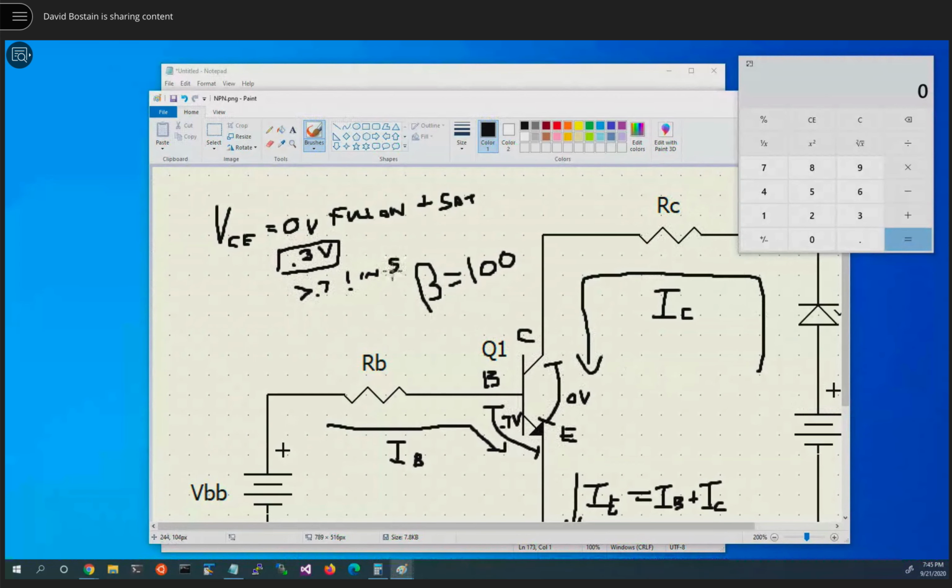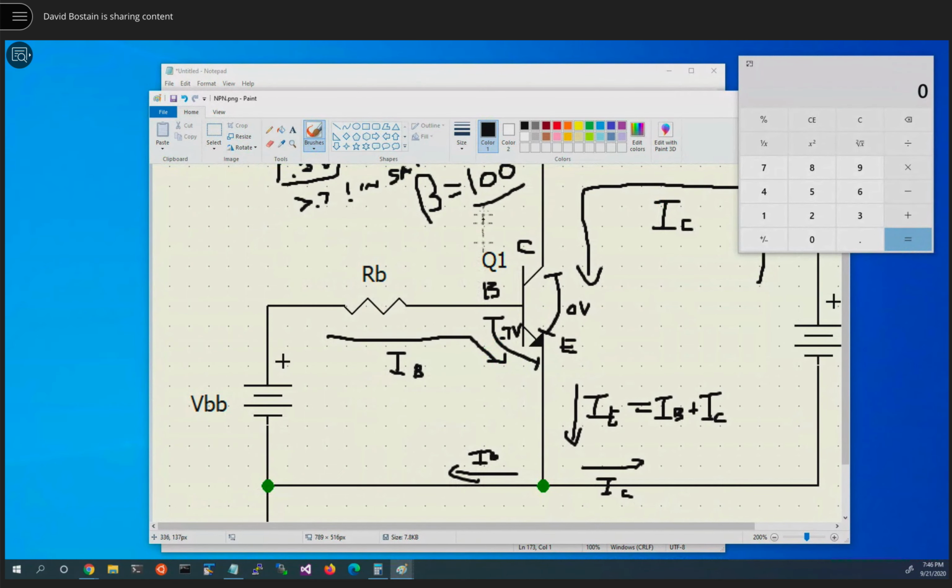You're working like an amplifier. And because you're an amplifier, you could figure out what beta was, which you can't figure out if you're in saturation because we've saturated the thing beyond that number. We know beta is much bigger than the value we used, so we can't tell you what it is. So saturation, I can't tell you what beta is. If I'm not in saturation, I can compute it exactly. If I'm cut off, it has no effect because there's no current flowing anyway.